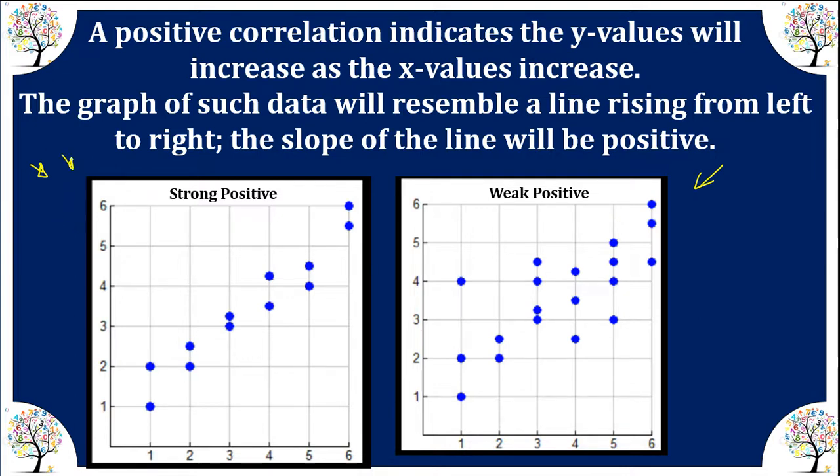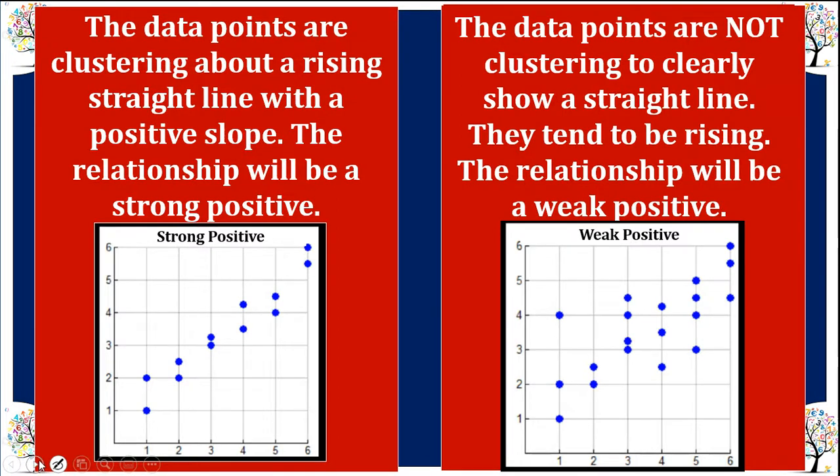So graph number 1, we call it strong positive because our graph is moving in a positive direction, and they are clustered pretty close together, whereas in example number 2, it is still showing a positive correlation, as the x's increase, our y's increase, but they're not clustered together, so we call that weak positive. So you may want to pause the video and write these 2 descriptions in your notes. And I will remind us that in a scatter plot, we do not connect the points.